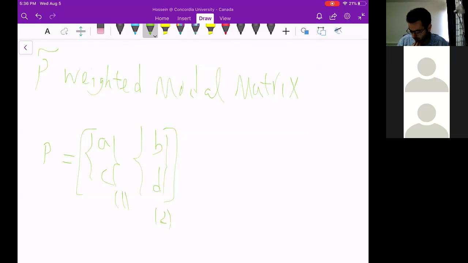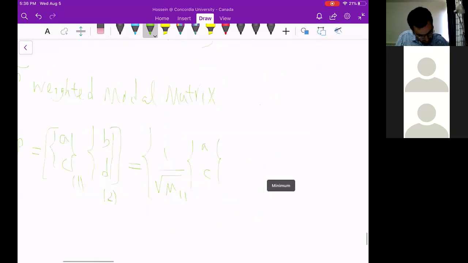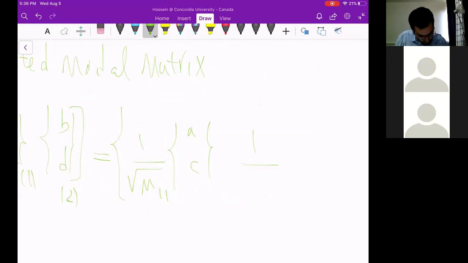You have to divide by 1 over the square root of M11, the diagonalized mass, for A and C, and 1 over the square root of M22 for B and D.